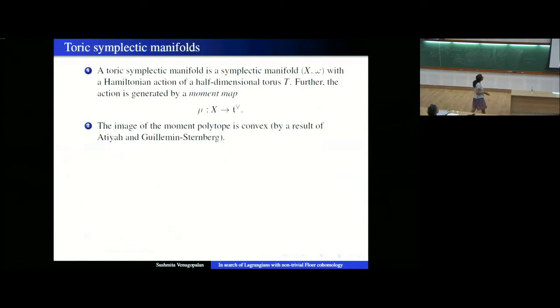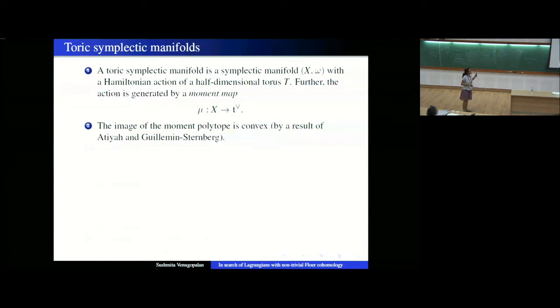Okay, so now I move our discussion to toric symplectic manifolds, because here we have lots of Lagrangian manifolds to play around with. So what is a toric symplectic manifold? I'm not giving the full definition. I'm just trying to give you a sense of what it is so that I can talk about the Lagrangians there.